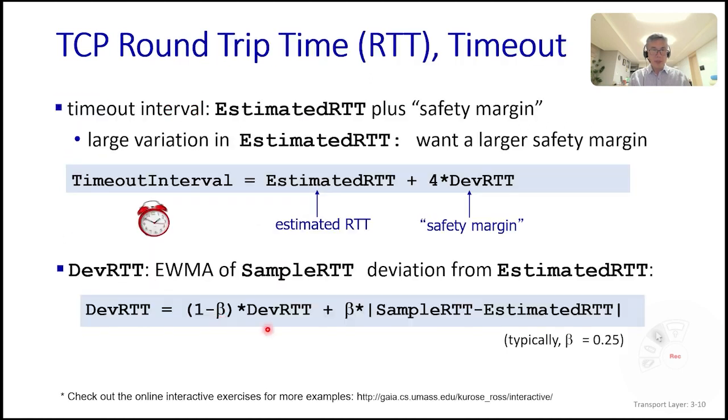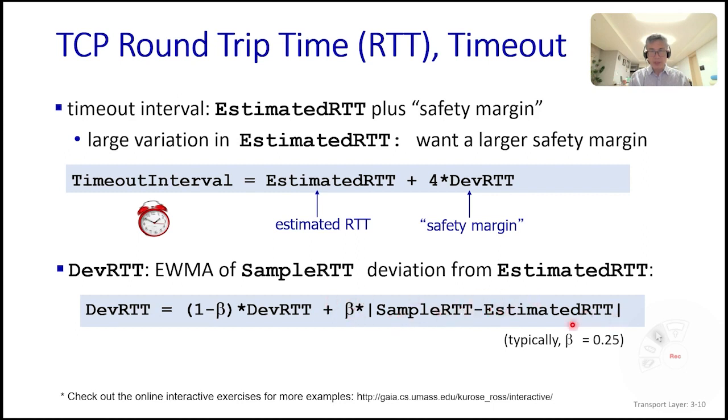The beta value is currently 0.25, 25%. So 75% is the historical value of the deviation of RTT, and this is the current difference between sample RTT and estimated RTT, the historical value we calculated previously, times 25%.